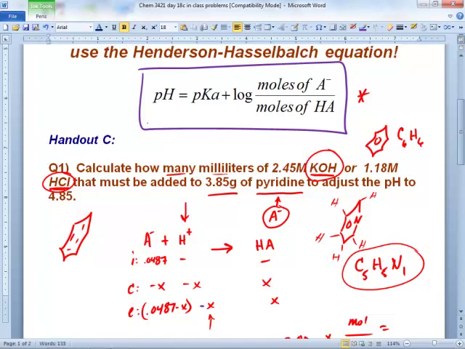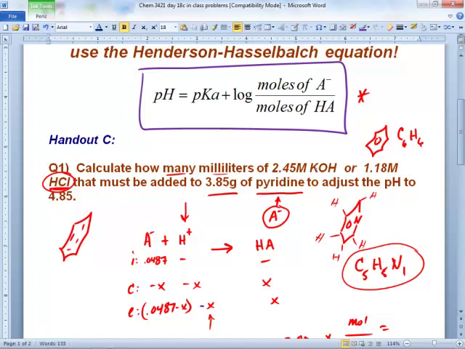We solve for the moles of HA, and then plug that in with the molarity of HCl. Nyla said get the moles of HA and then use the molarity of HCl. Technically it's not really the moles of HA, it's the moles of H that you added, but they're the same number. They're both X according to our mole table.